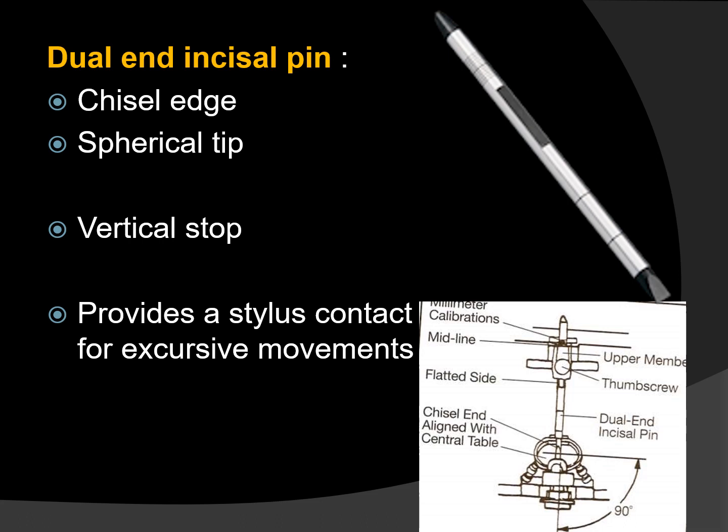So this adjustment places the chisel end at 90 degrees to the incisal guide table. So when you lock this position, the chisel edge will be at 90 degrees to the incisal guide table, and also it provides parallelism of the upper and the lower member of the articulator.